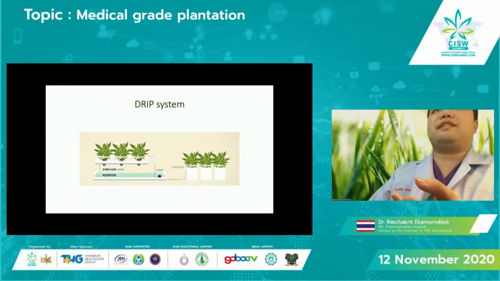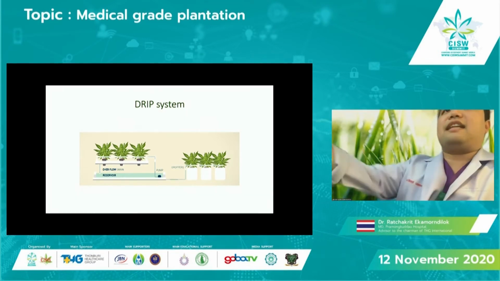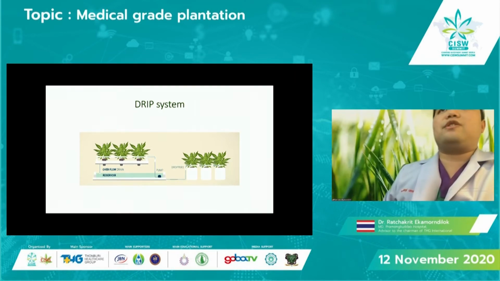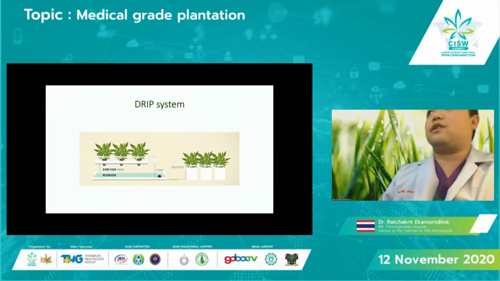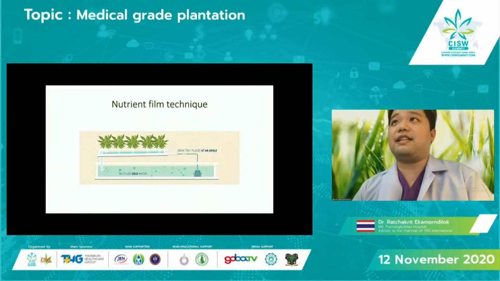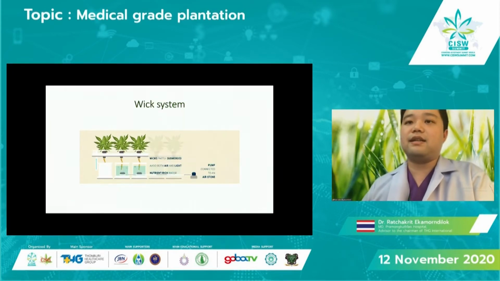The drip system, we use a pump and drip the water and the nutrient and let it overflow and drain down into the reservoir, and we recirculate that. Nutrient film technique, we use a pump so the water is circulated and pumped out and recycled over and over again.